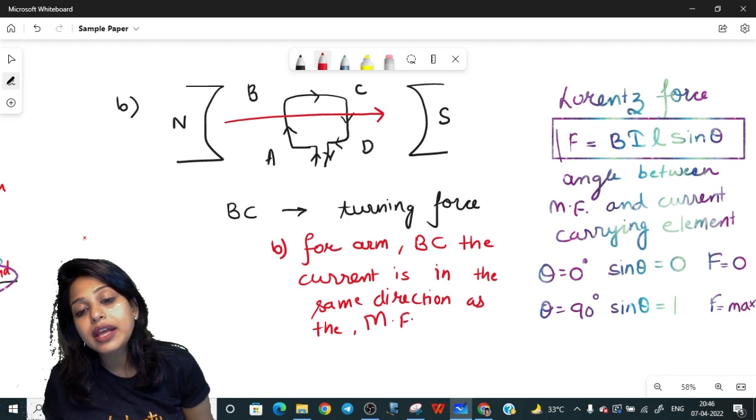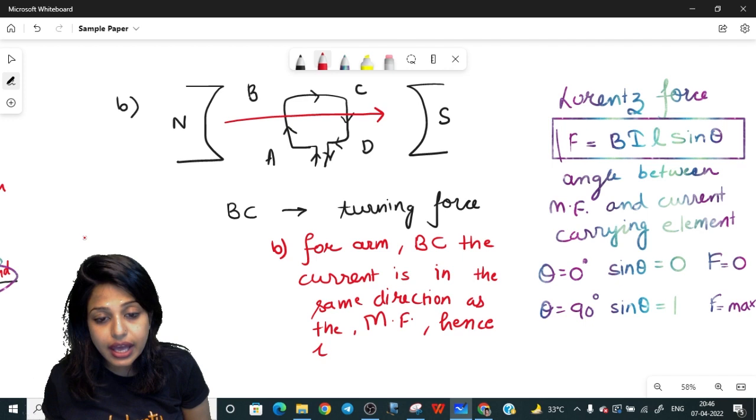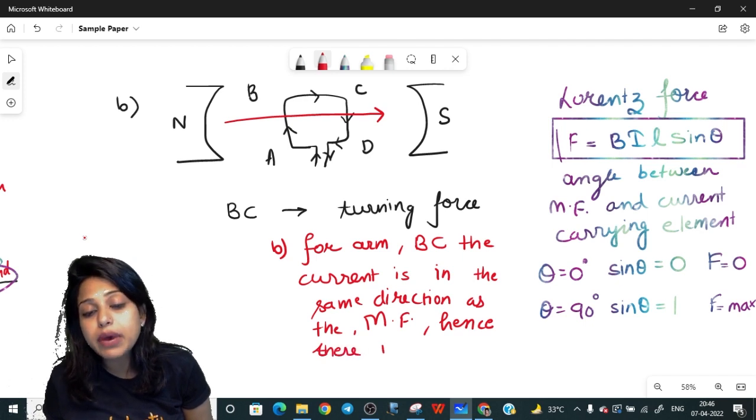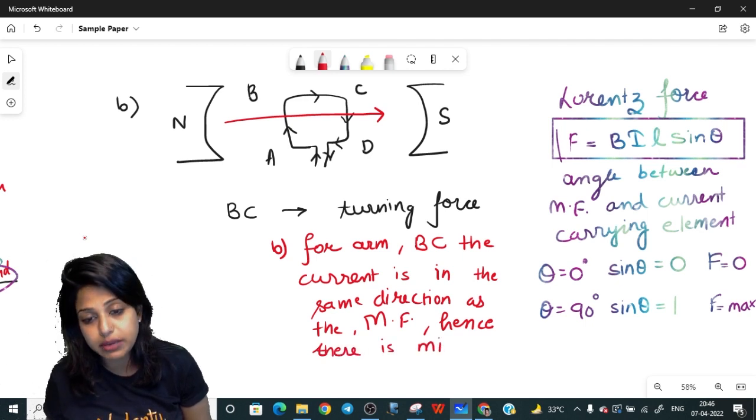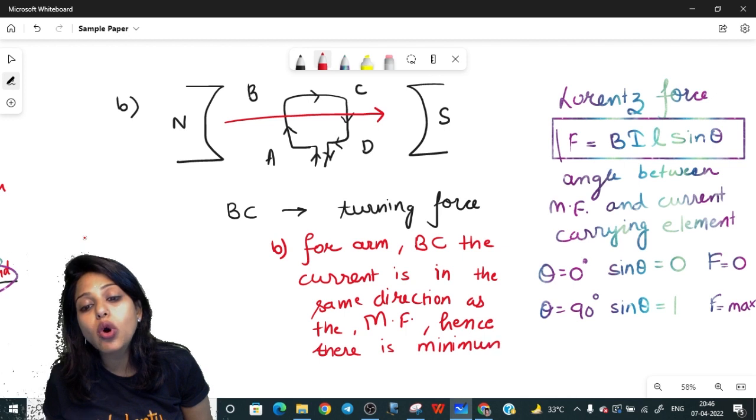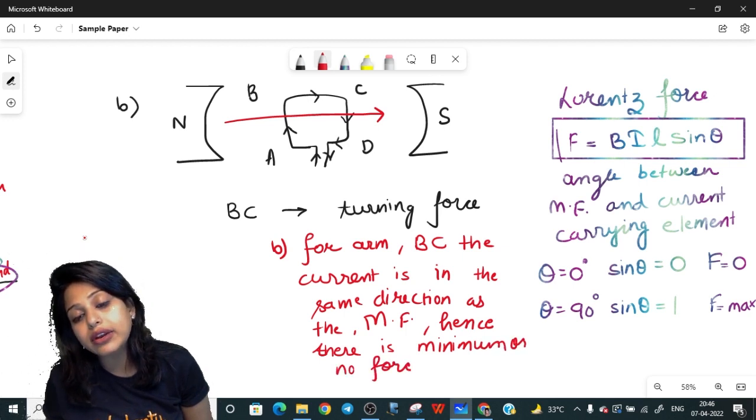Hence there is minimum or no force acting on it.